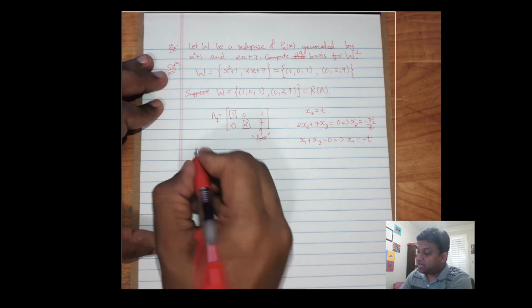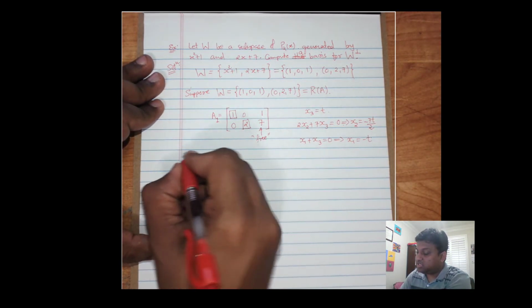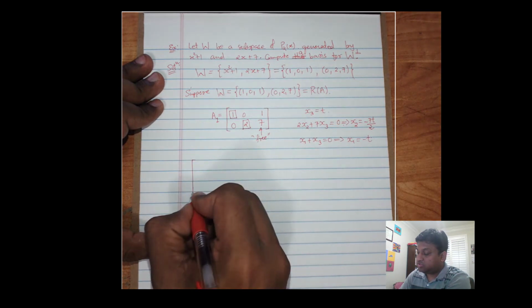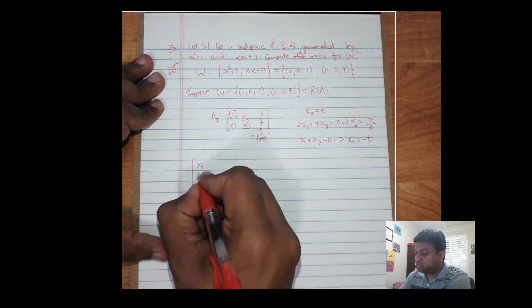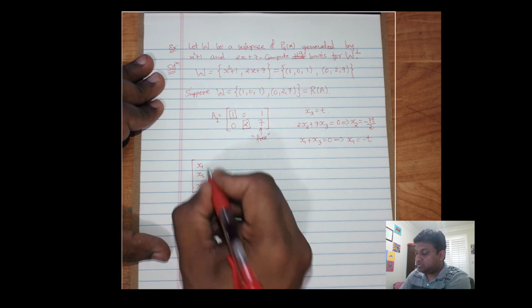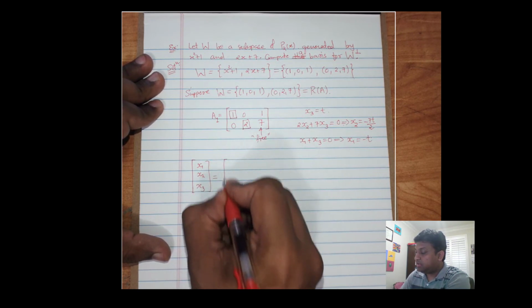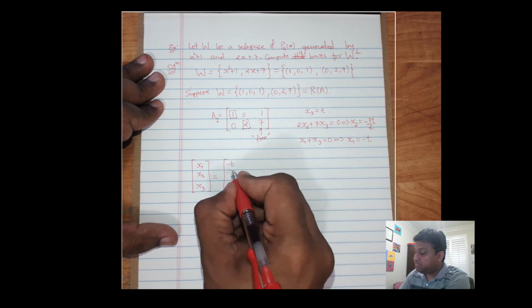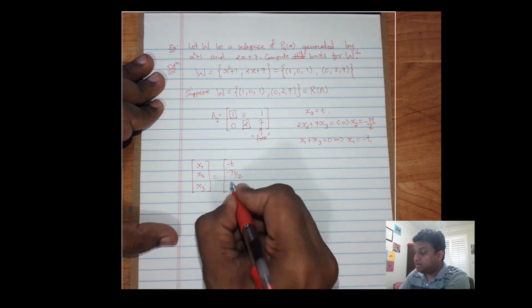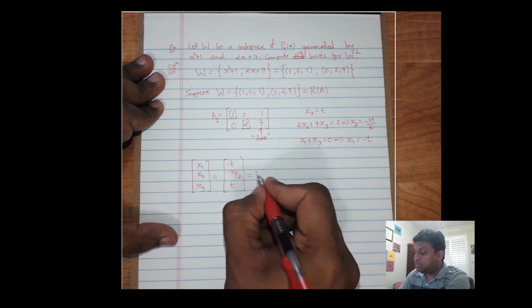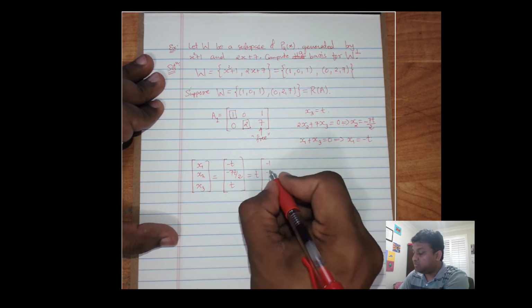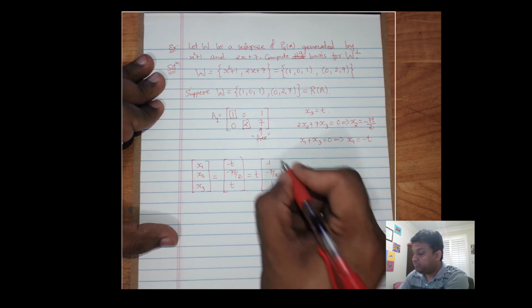Ready to write down the solution for the homogeneous system: x1, x2, x3 is negative t, negative 7t over 2, and t. Factor t out and you will see the basis vector negative 1, negative 7 over 2, 1.